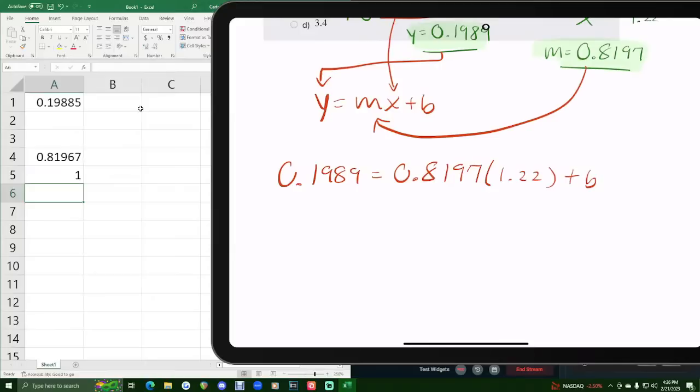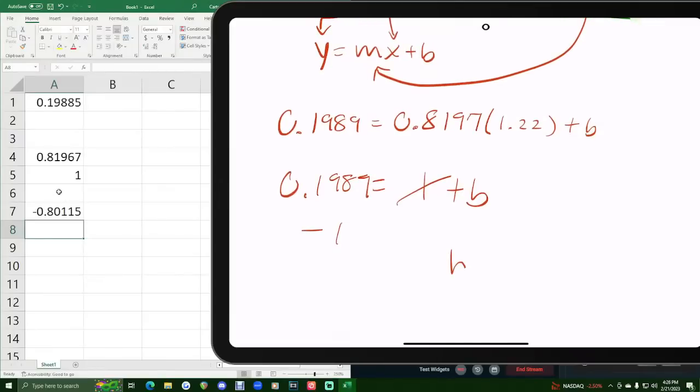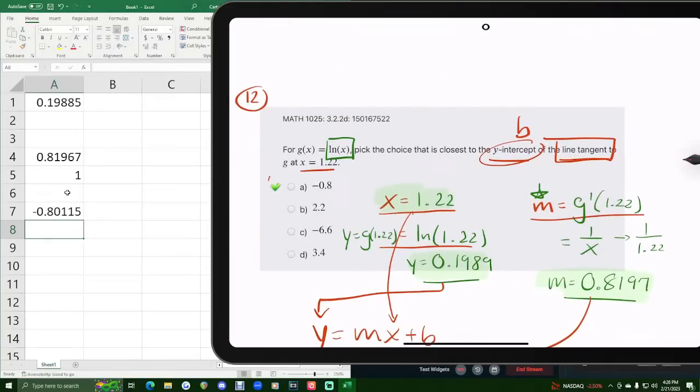So anyway, we get 1 plus b equals 0.1989, and then we subtract the 1 to get b by itself. So we'll do that minus 1, and we get negative 0.8. And b is negative 0.8, and b should be our y-intercept.